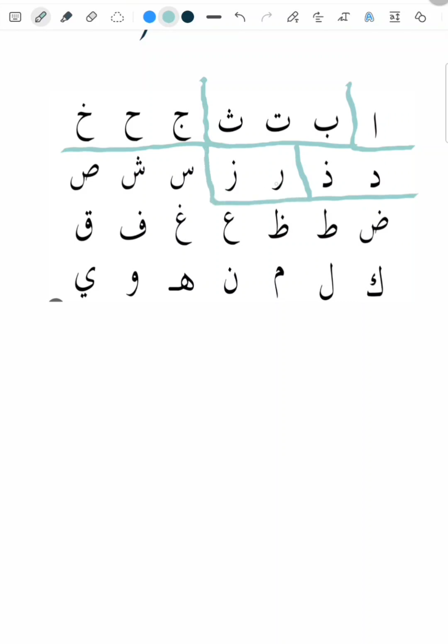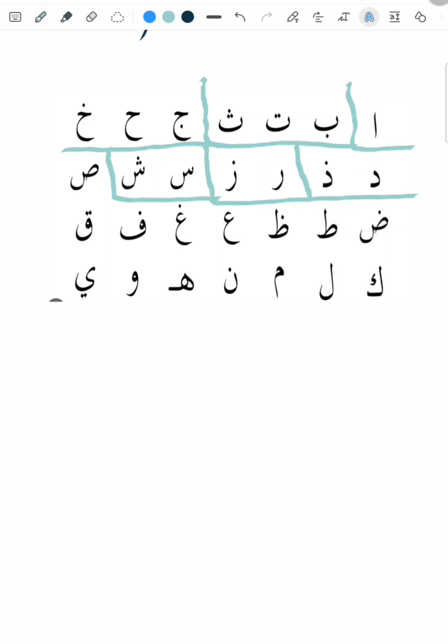Ra, zain. Sin, sheen. Sorry about this one, it's on a different line. Sad, dad, ta, dha. They have the same kind of circle or egg shape, but some has a belly underneath.